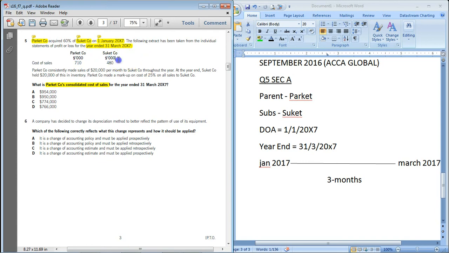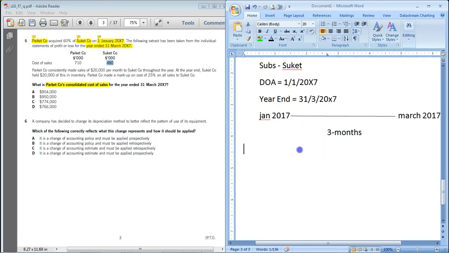This is 1 year of data. So the first step you have to do is, your parent's amount you can take as a total because this is the group parent statement. 70. Can you add it to 480? Why can you not add this 480? Because this 480 is for 1 year. You only acquired Suket on the 1st January 2017, your date of acquisition, and your year end is 31st March. You can only consolidate for 3 months.